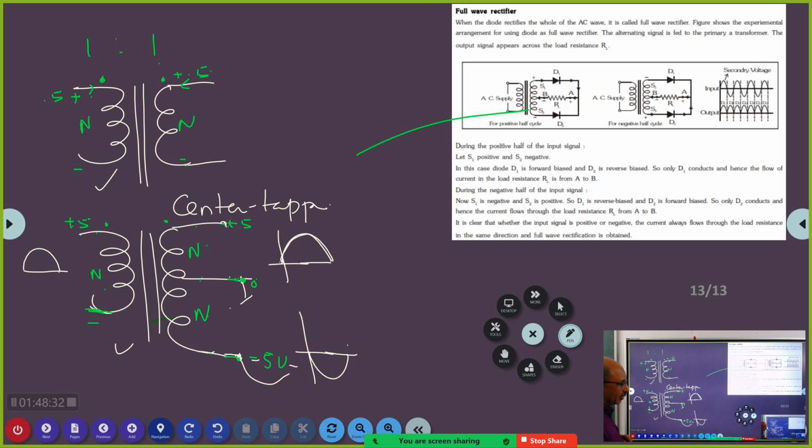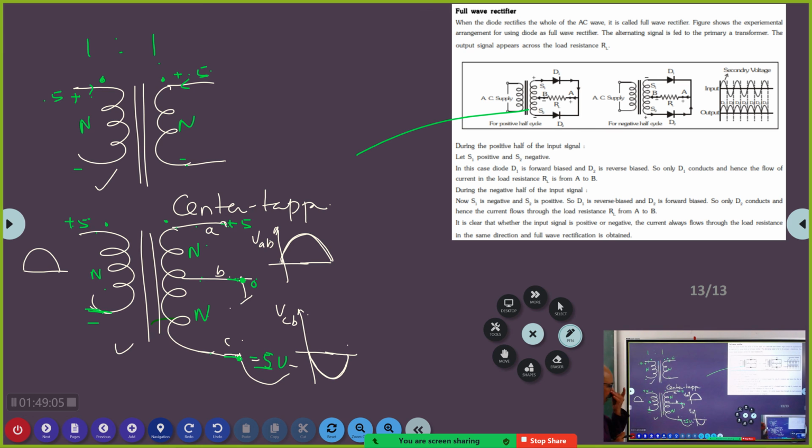Okay, that part. Now I am going to see this with respect to this. See, this is minus, I told you. Then it will be like this. Then it will be like this. Correct? So if I name this A, B, C, this is V_AB, this is V_CB.